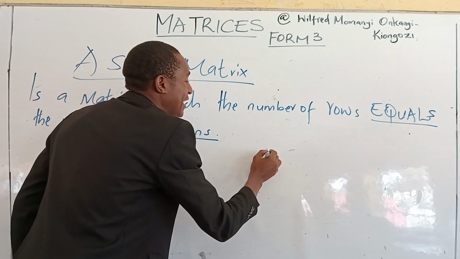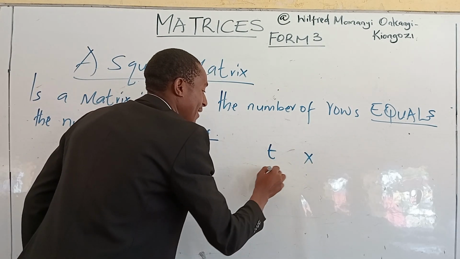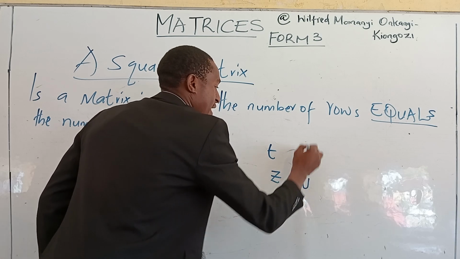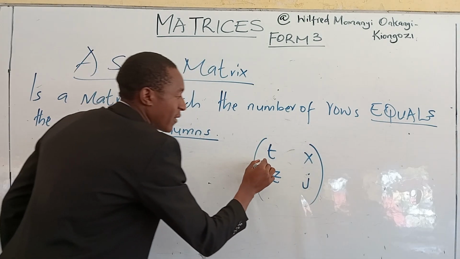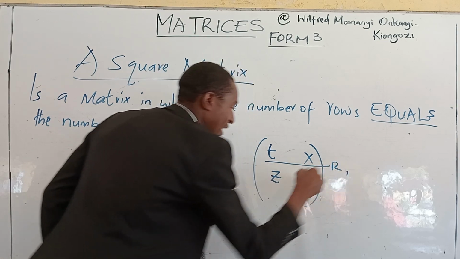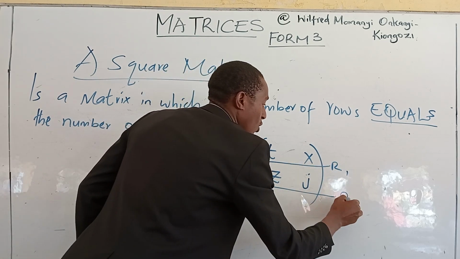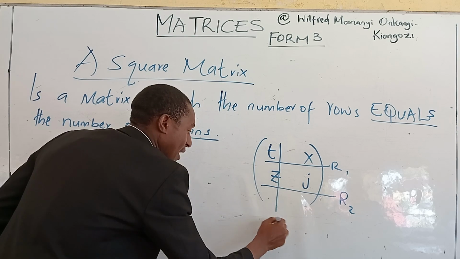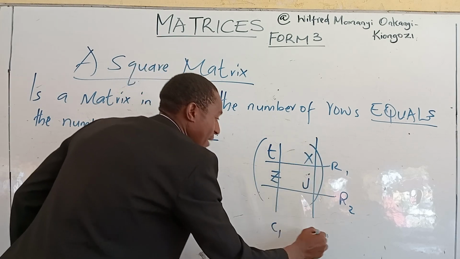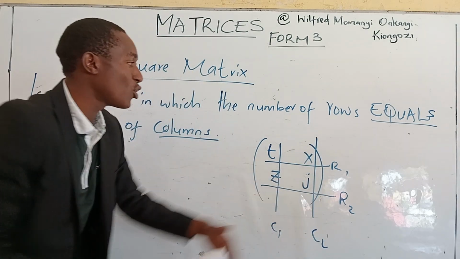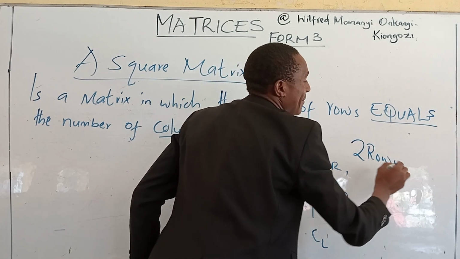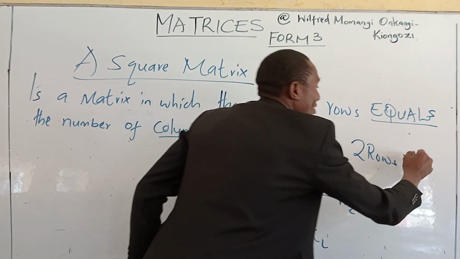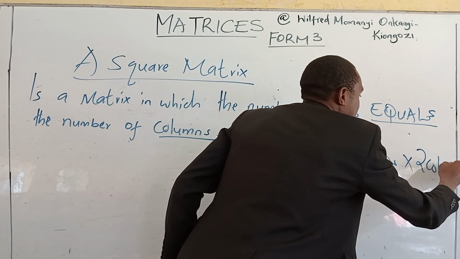I have, let's say, T, X, Z, J, with round brackets. In this case, we have the first row, row 1, second row, row 2, first column, column 1, second column, column 2. We have 2 rows and 2 columns.